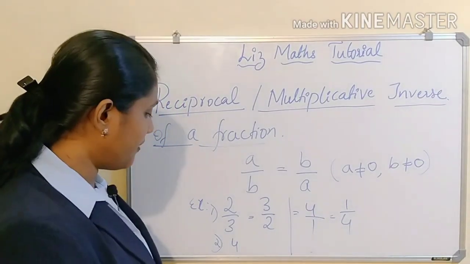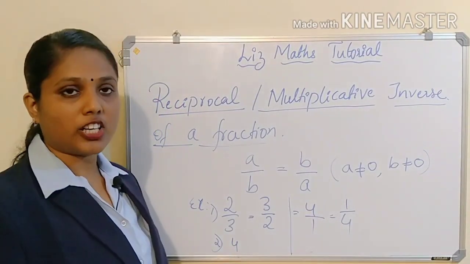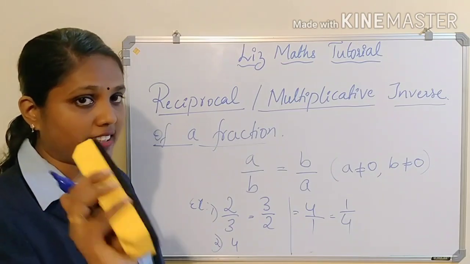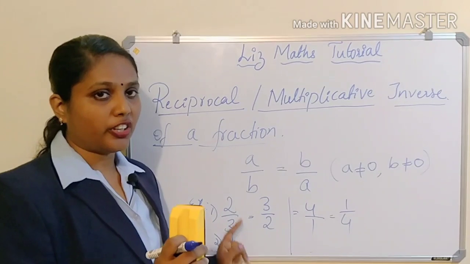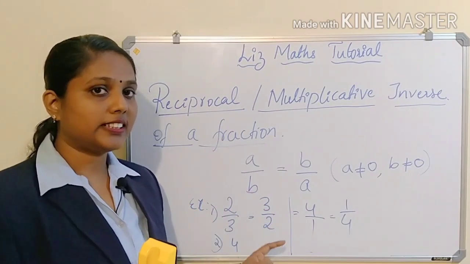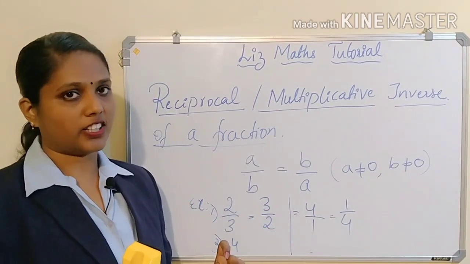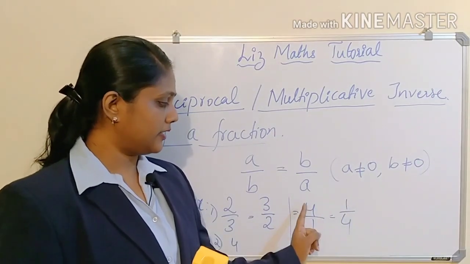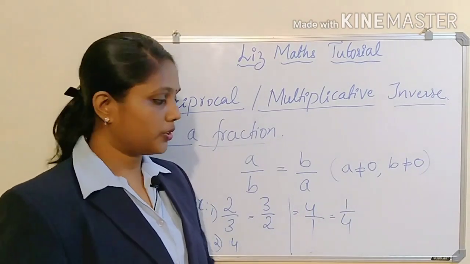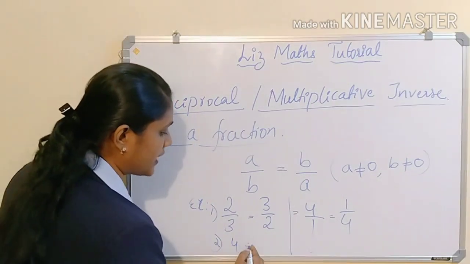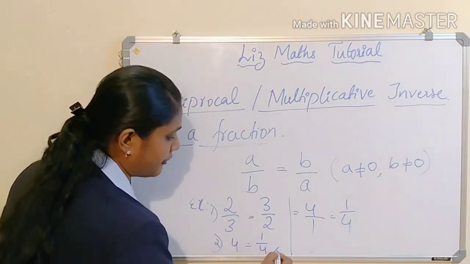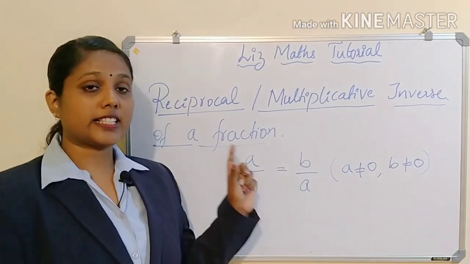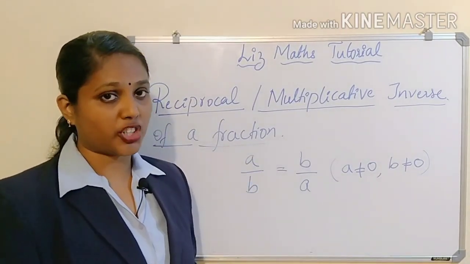So if nothing is given in the denominator of a number, then you have to consider it as 1. Got it? So 1 goes up and 4 comes in the denominator. So the multiplicative inverse of 4 is nothing but 1 by 4. Hope you understood. Now let us see how this reciprocal helps in the division method.